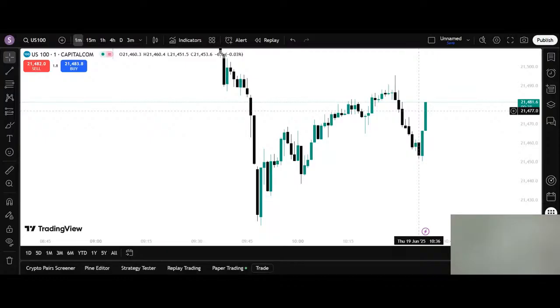It's pumping very rapidly. There is volatility today because of what's happening around the world with Iran and Israel.